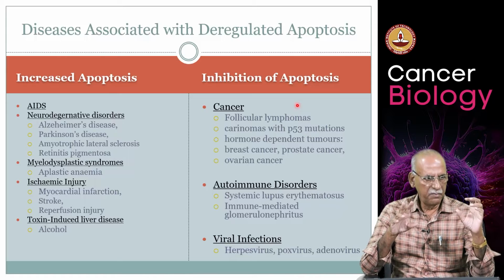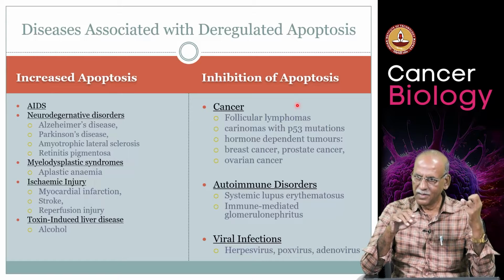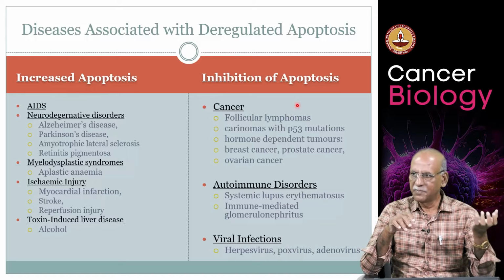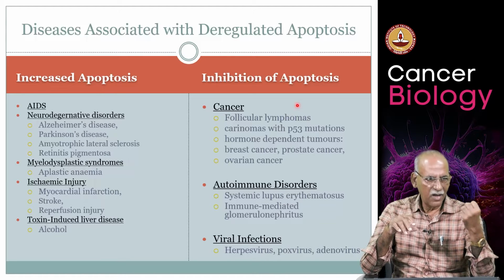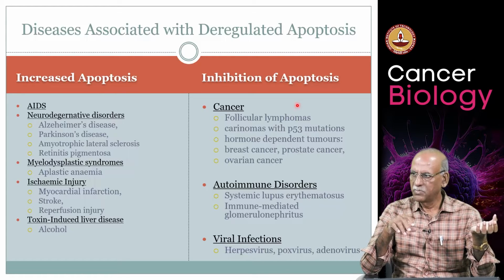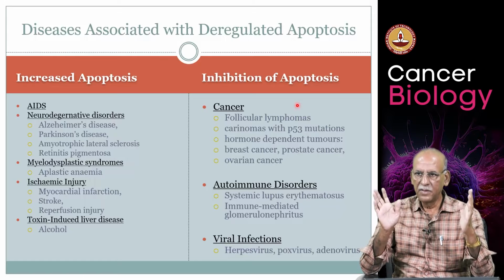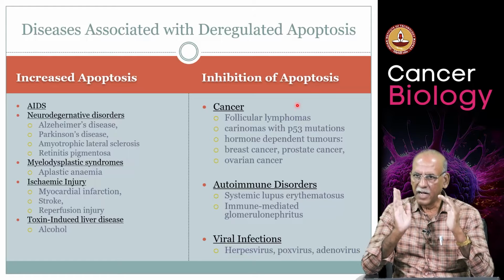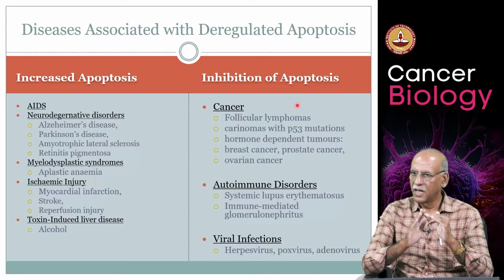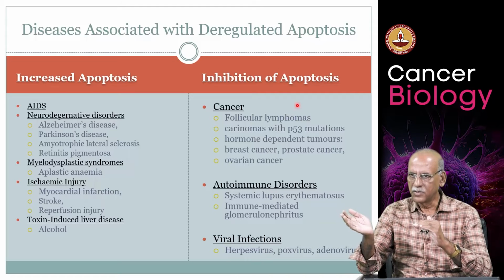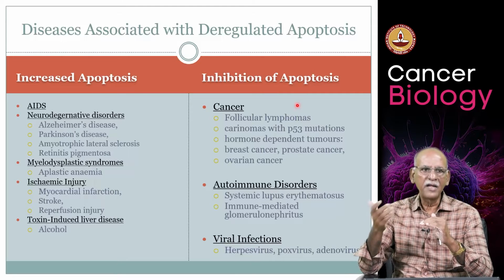Pro-apoptotic genes will be mutated or they would have lost the expression because they are tumor suppressor genes. So, there will be loss of expression of that, deletion or mutation or whatever. Simple thing is inactivation. Inactivation of tumor suppressor genes, activation of the oncogenes. In this case, it is anti-apoptotic genes.